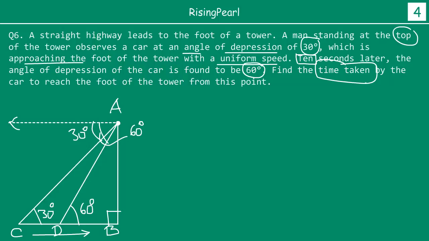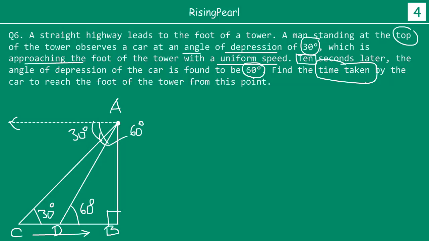It is asking us to find time. This question is mostly math, but there is a little bit of a science element involved, because there is a question of speed. We will have to use the concept of speed to find how much time. Again, recall that speed is nothing but distance divided by time.